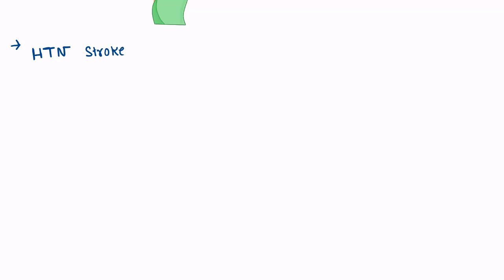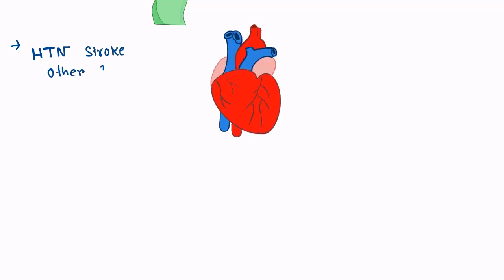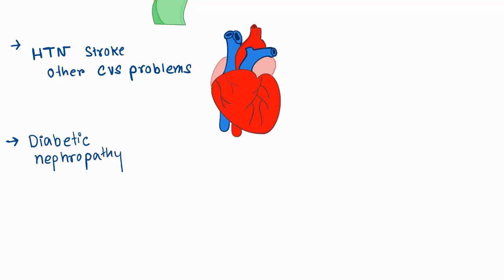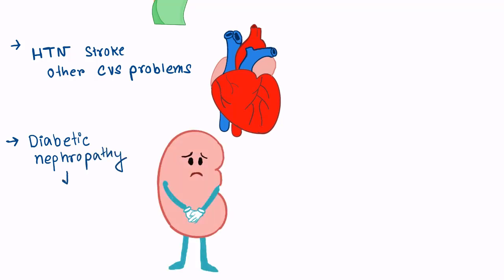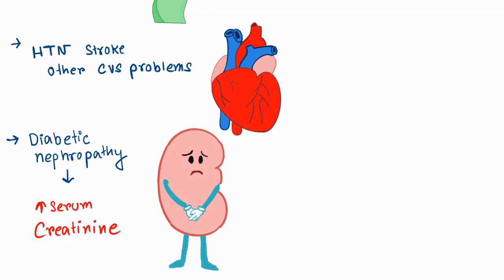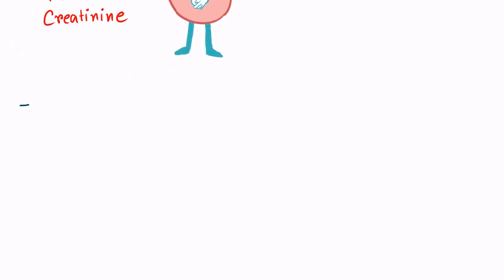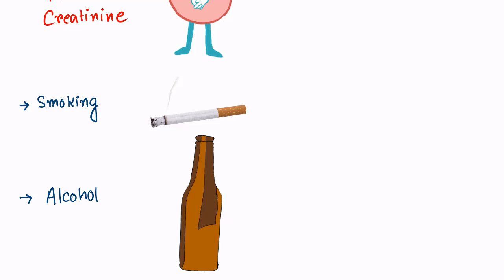Number 4, hypertension, stroke, and other cardiovascular disease. Number 5, diabetic nephropathy. Increased serum creatinine levels correlate with the risk of DR. Cigarette smoking and alcohol consumption might have a relation with diabetic retinopathy.